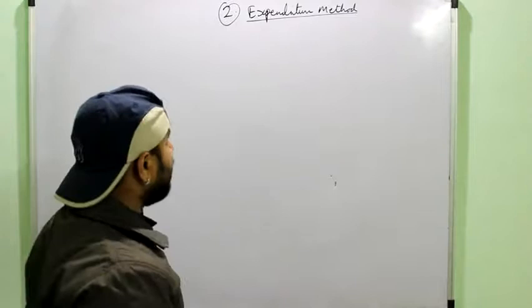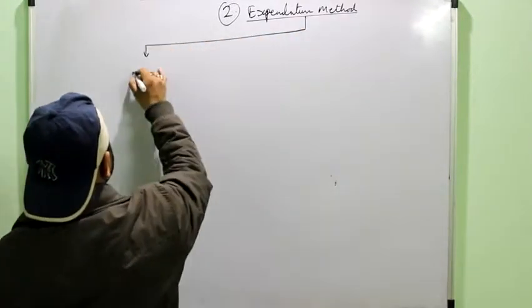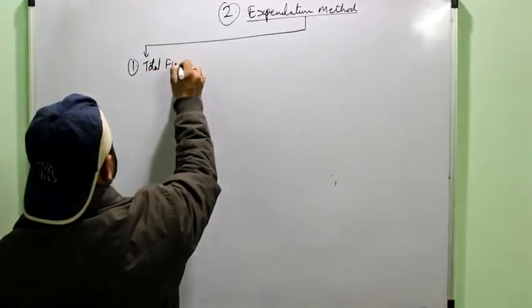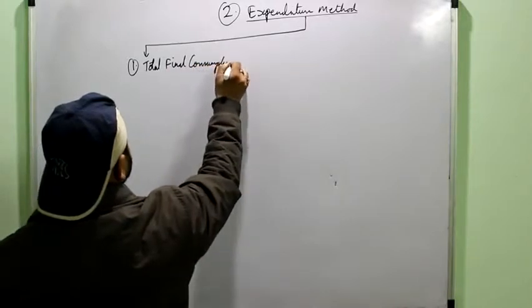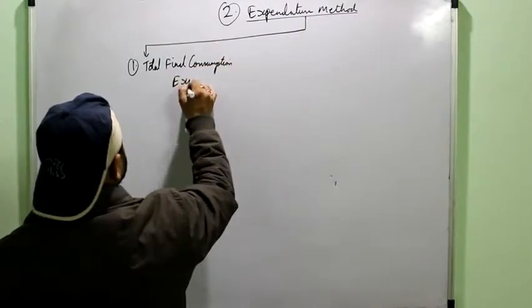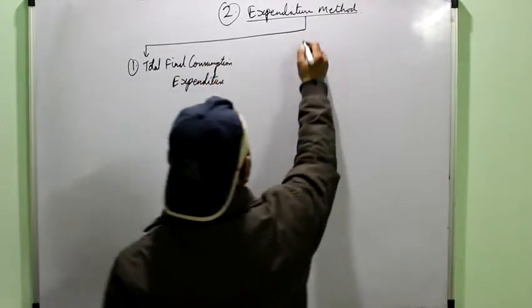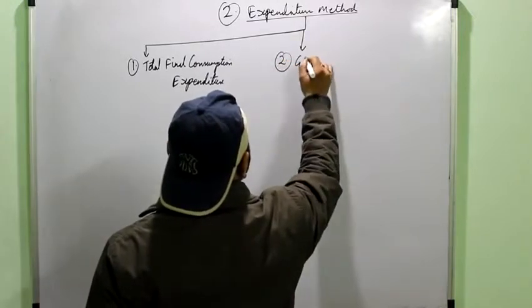Again, here also we will have to add three things, or we need to find three things. First is the total final consumption expenditure. Second is GDCF.